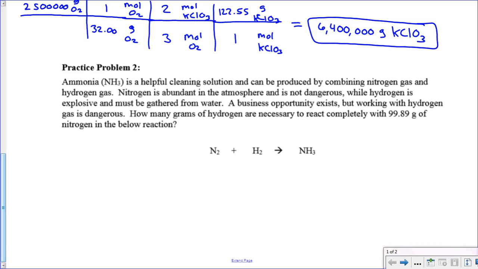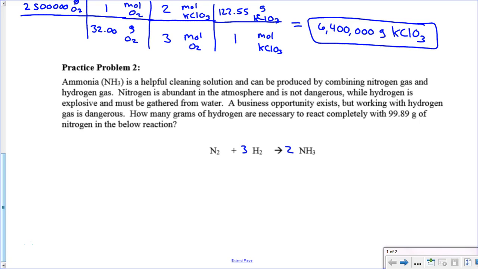On this one, we're going from grams of nitrogen to grams of hydrogen. The 2 substances we care about are nitrogen and hydrogen. We've got to get our conversion factors. One of them comes from balancing the chemical equation, which I'll do now. You need a 3 in front of the H2 and a 2 in front of NH3, and then it's balanced.